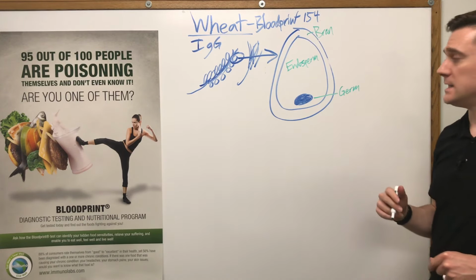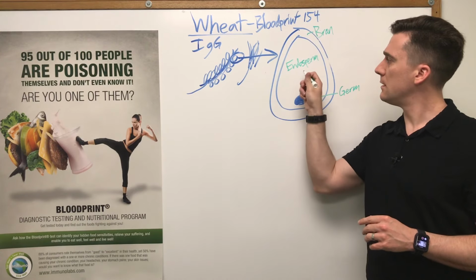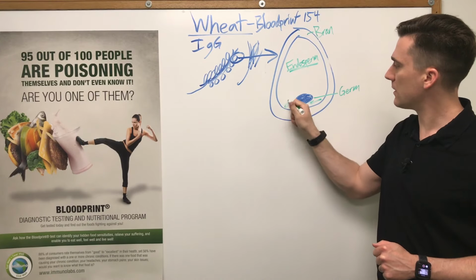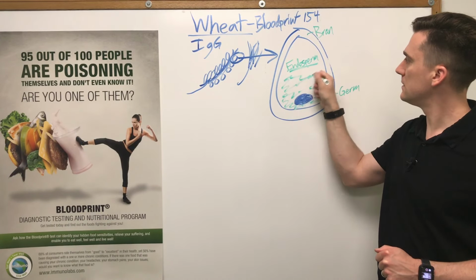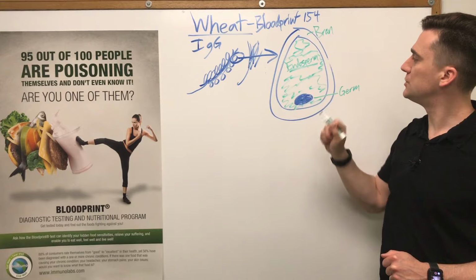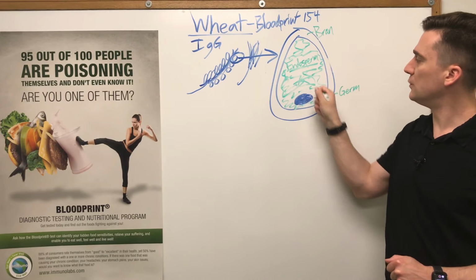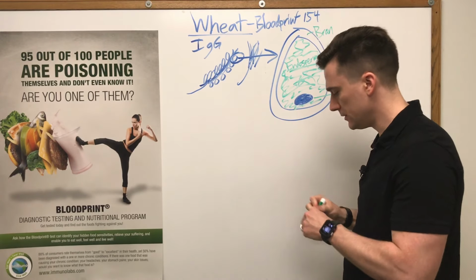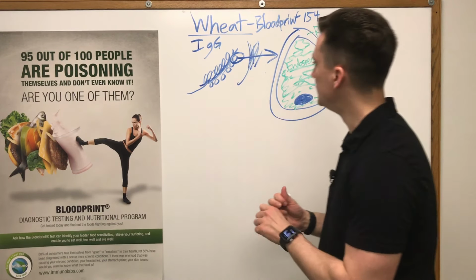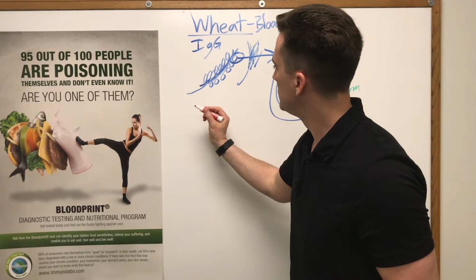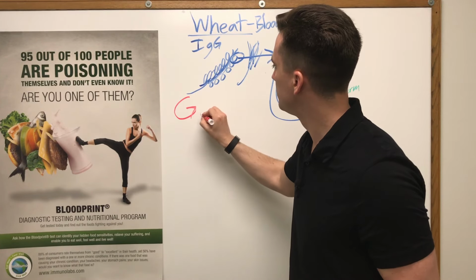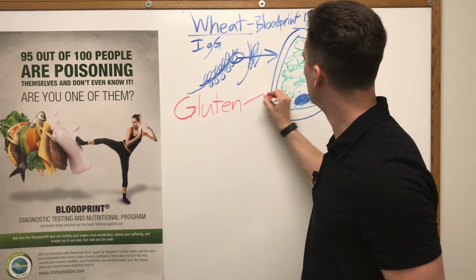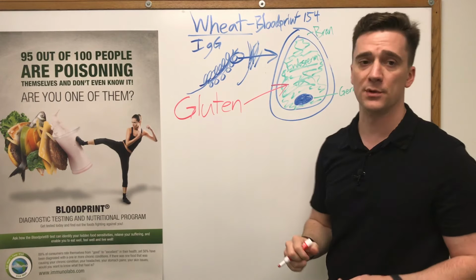the germ. Now, we're going to be focusing most on the endosperm because within this endosperm area, in this whole area here, which is the vast majority of the wheat grain, that is where we have something called gluten, okay? So now with gluten, gluten will be found in the endosperm.